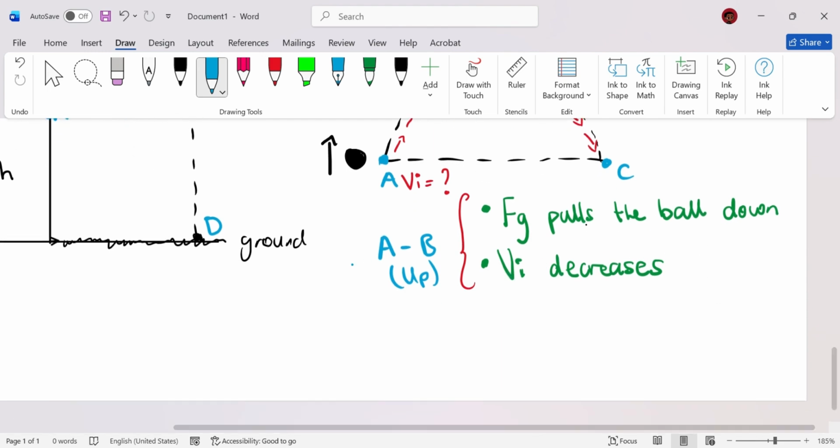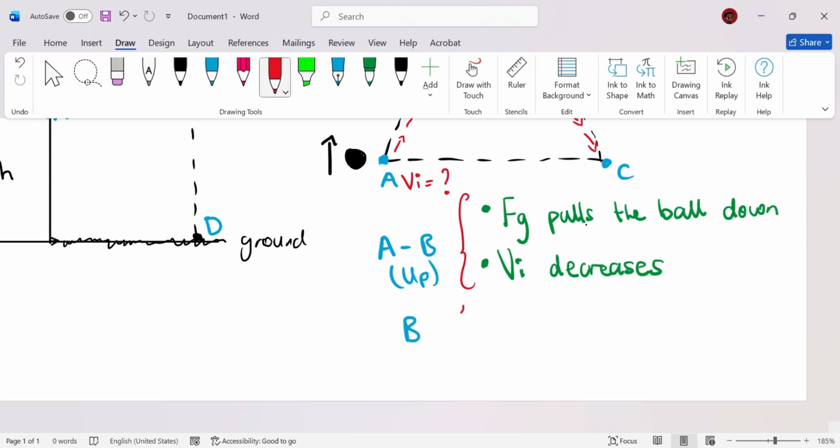right? So what exactly happens at point B? So we have the point A to B, and we have point B. At point B, we say that the final velocity is 0 meters per second.